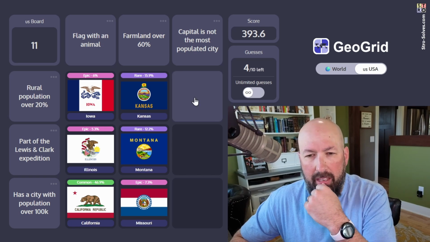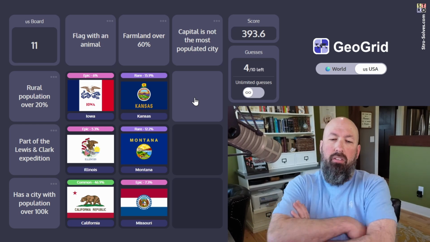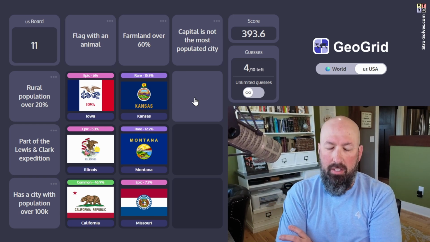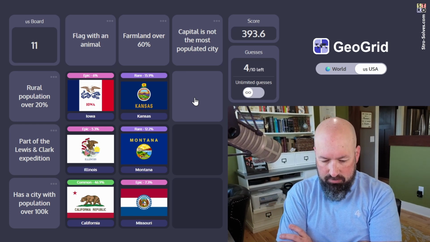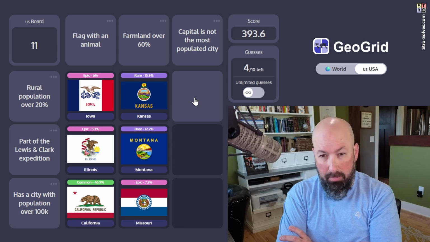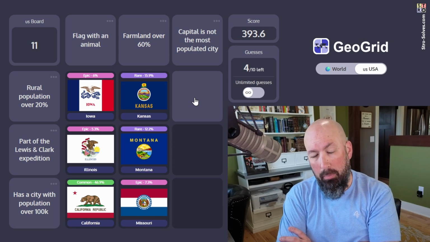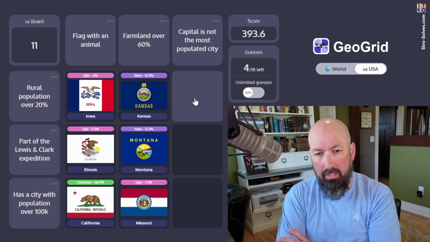Oh well, okay. Anyways, capital is not the most populated city. It's a large rural population. Nebraska? Nebraska would probably work. Lincoln's the capital. Omaha's got to be the most populated city.